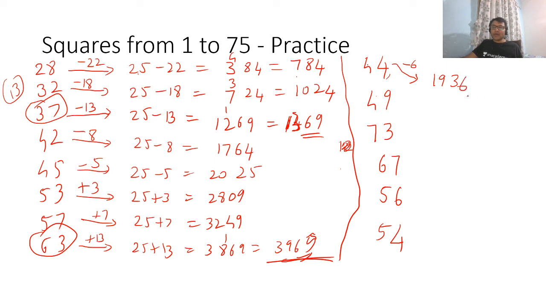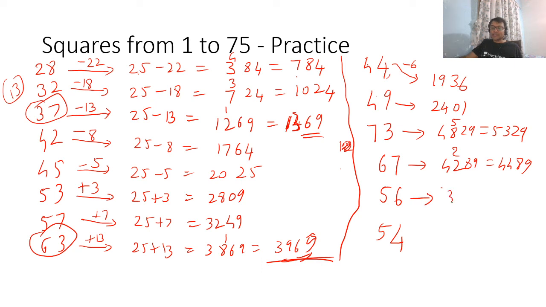You should in the end be able to write directly without even trying to put the 25 etc. 49 is 1 less than 50, so 2401. 1 less than 50, 25 minus 1, 24, and 1 square is 01. 73 is 23 more than 50, so it becomes 48, and 23 square, which is 529, will give you 5329. 67 is 17 more than 50, so 42, and 17 square is 289, will give you 4489. 56 is 6 more than 50, so 25 plus 6 is 31 and 36, 6 square. 54 is 4 more than 50, so 25 plus 4, 29 and 4 square, 16.